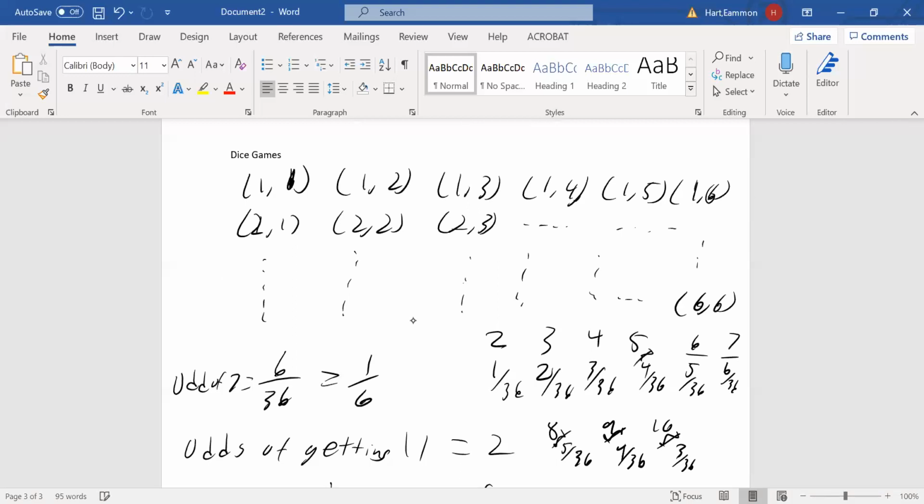Keep on writing that fraction sign. 11 has 2 over 36, and 12 has 1 over 36. And you can check that yourselves by just running through all of the examples.